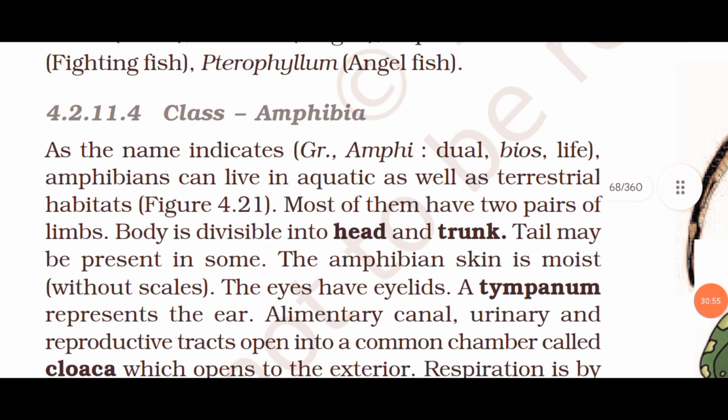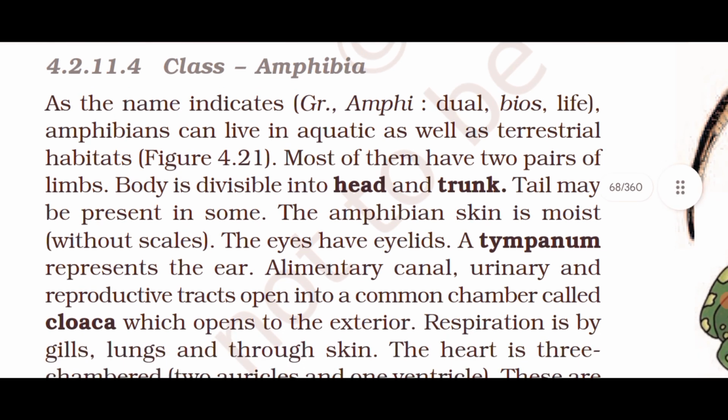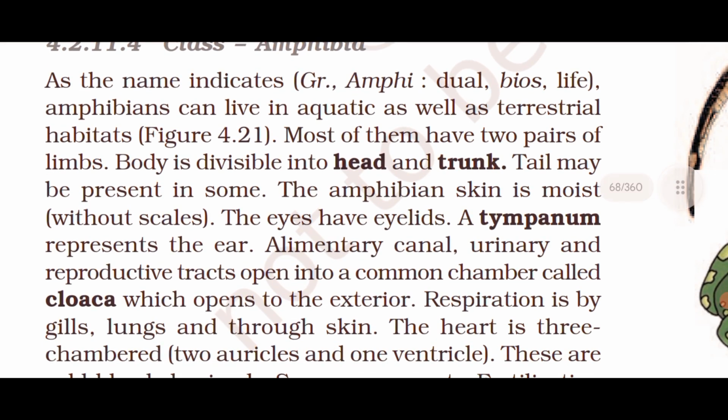4.2.11.4 Class Amphibia. As the name indicates, amphi means dual, bios means life. Amphibians can live in aquatic as well as terrestrial habitats. Most of them have two pairs of limbs. Body is divided into head and trunk. Tail may be present in some.